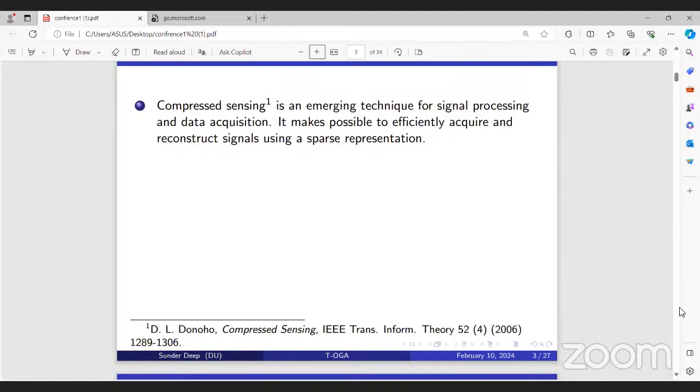Basically, Donoho introduced the term compressed sensing. It is an emerging technique for signal processing and data acquisition. It makes it possible to efficiently acquire and reconstruct signals using a sparse representation. Sparse means that, suppose we have a signal as a column vector, it has only a few non-zero entries.